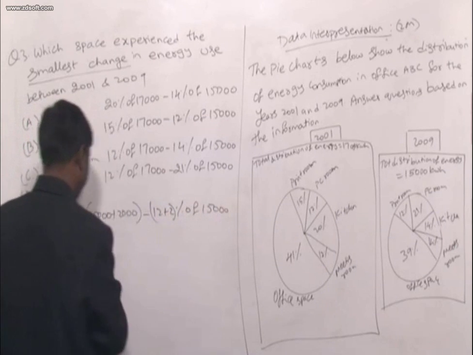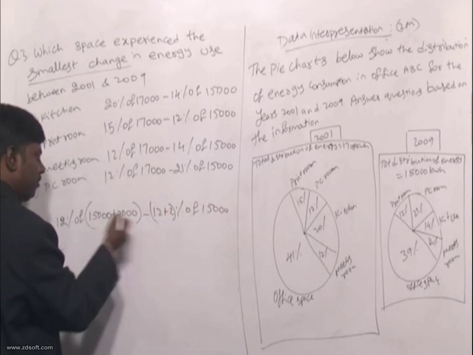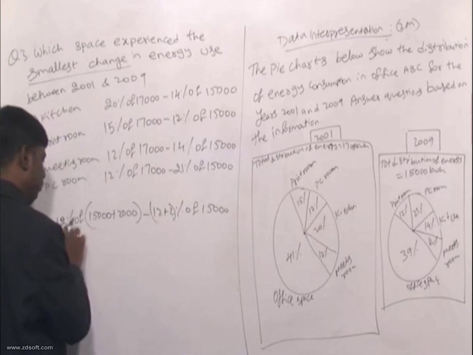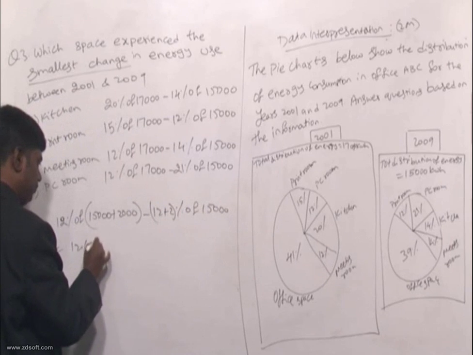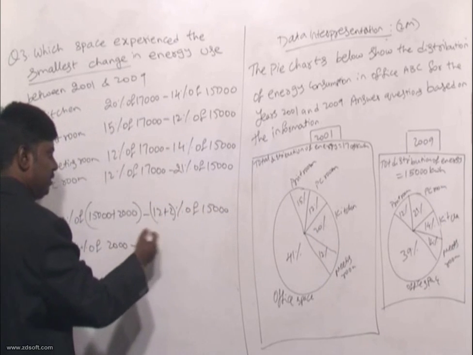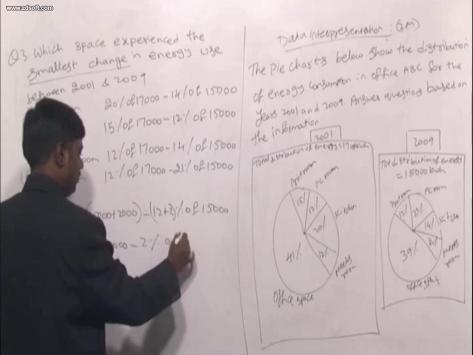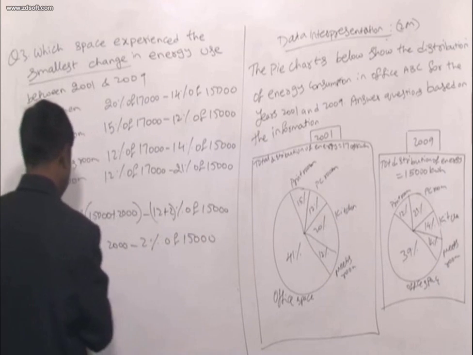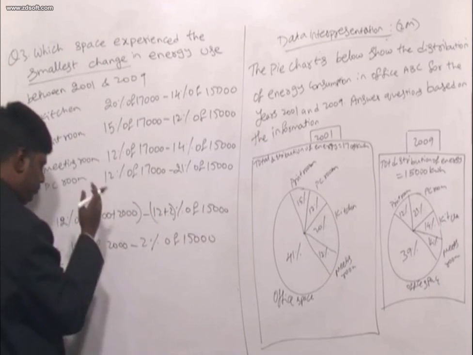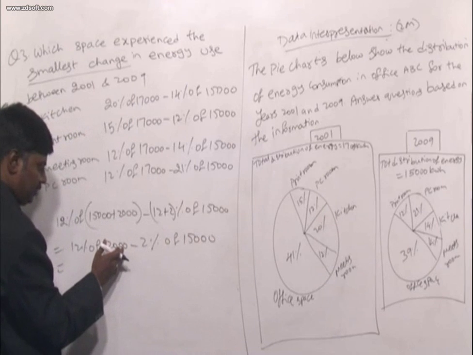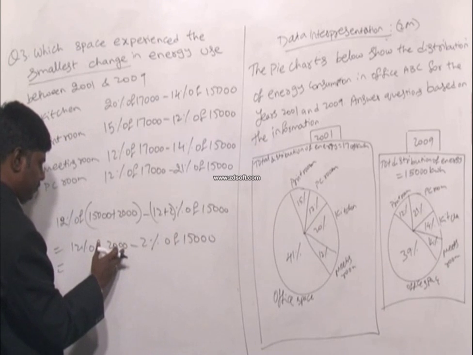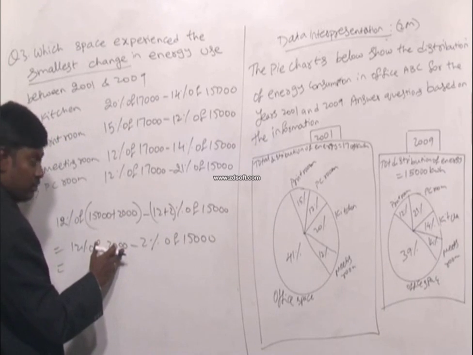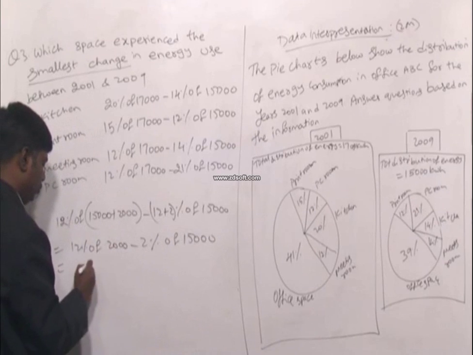This is what I am doing, which is equal to 12% of 15,000, 12% of 15,000. That gets cancelled out. 12% of 2,000 minus 2% of 15,000. 12% of 2,000: 10% is 200, 1% is 20, 2% is 40. So 240.